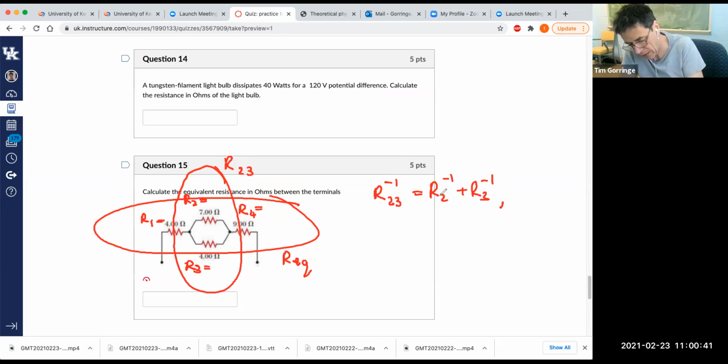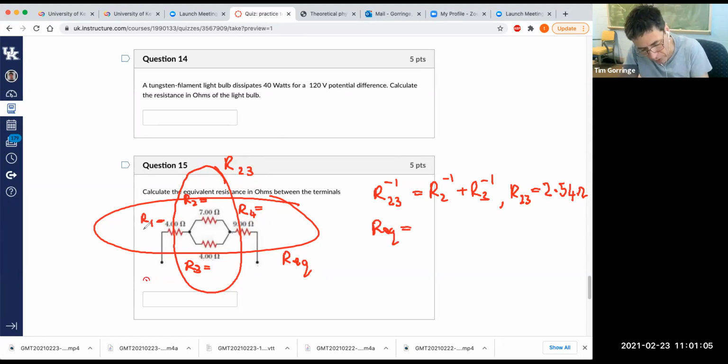And if you plug in 4 ohms and 7 ohms, you find that R23 is going to be smaller than any of the individual resistors. It comes out to be 2.54 ohms. So that's R23.